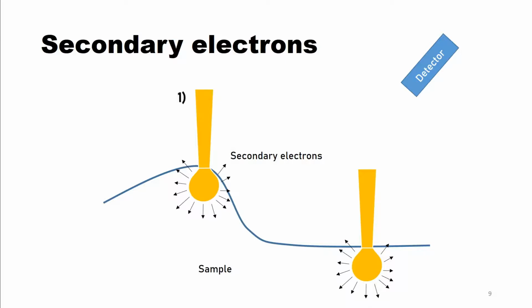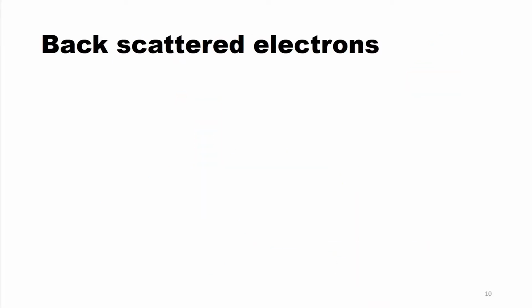Electron beam number 1 that hits the surface near the slope will result in a higher number of SE electrons that reach the detector, and therefore this area will appear brighter in the resulting image as location 2. Remember that secondary electrons are low energy. That means that they contain only information about the top 100 nanometers of your sample. Very surface sensitive.